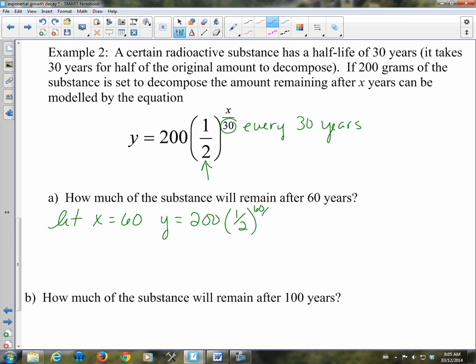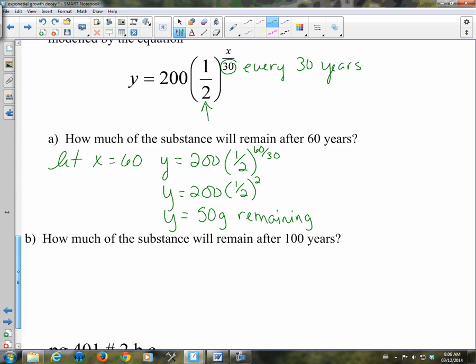And we'd have 60 divided by 30, and that's just like we just talked about. 60 divided by 30 would mean it splits in half twice. So I would have 200 times 0.5 to the exponent 2. So I would have 50 grams remaining after 60 years.